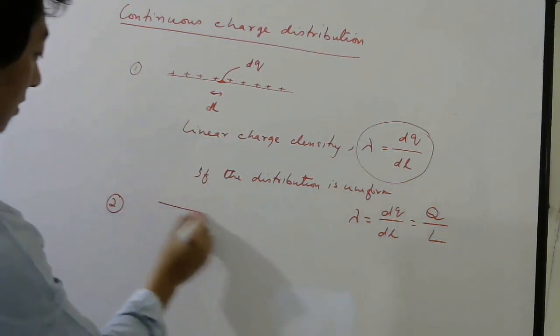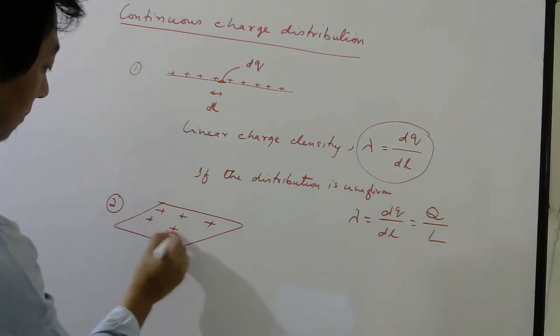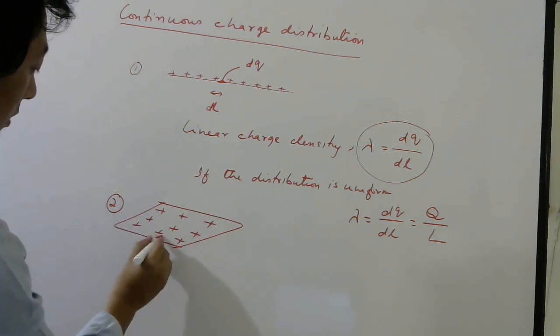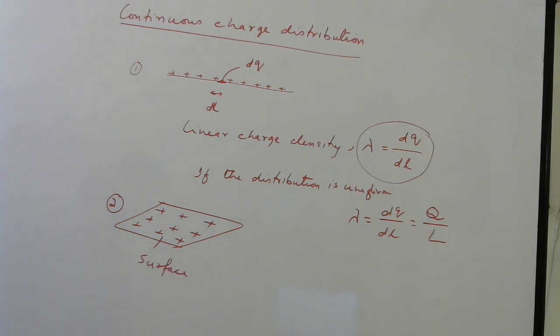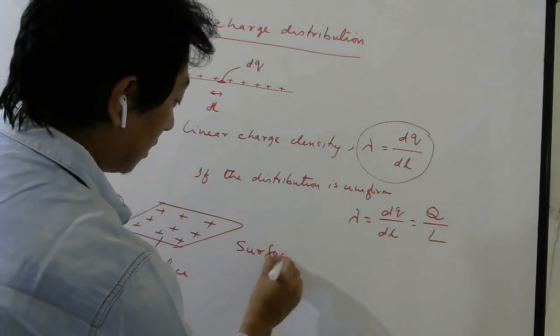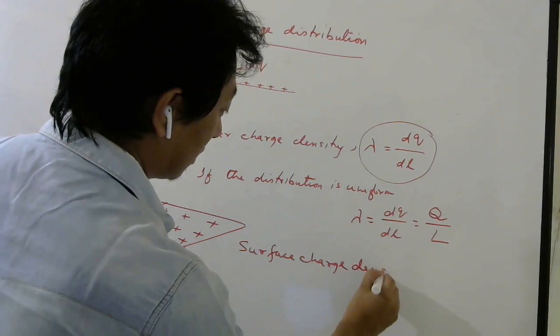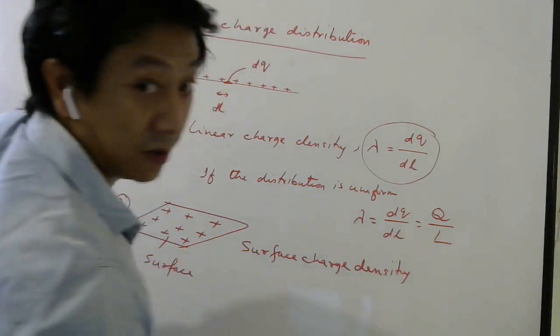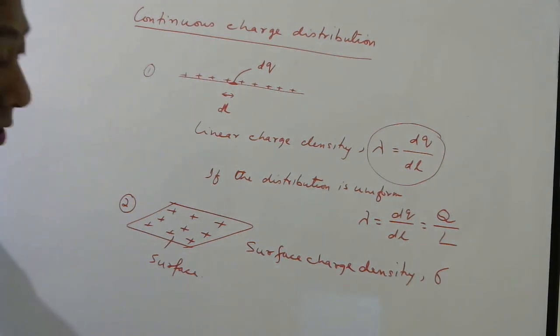Second thing is sometimes your charge will be spread on a surface. So this is surface. When charge is spread on a surface, we talk about something called surface charge density. Symbol that we use is sigma, Greek letter small sigma.